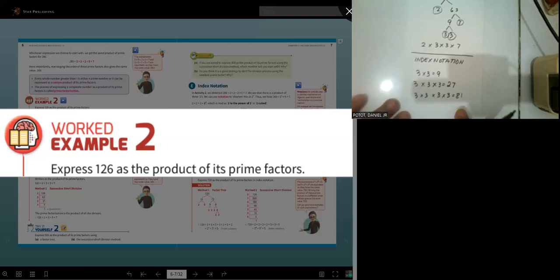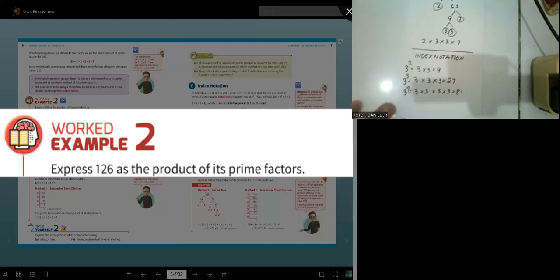But then there is a shorthand. 3 times 3 can also be written as 3 squared. 3 squared means 3 times 3. 3 cubed means 3 times 3 times 3, equals 27. 3 to the fourth is equal to 81.